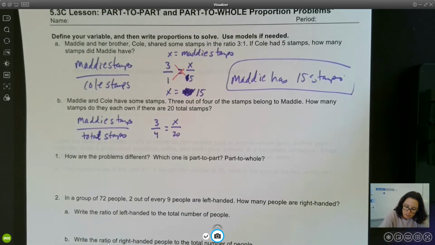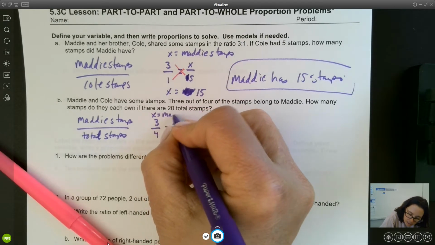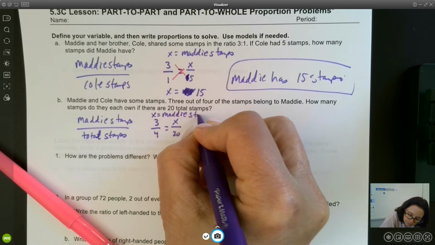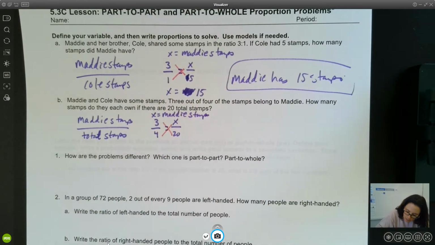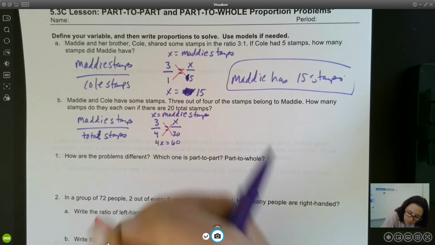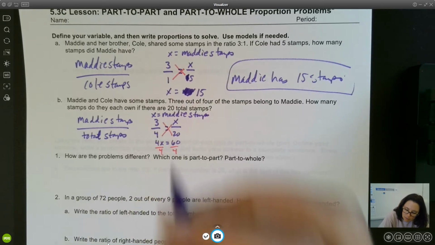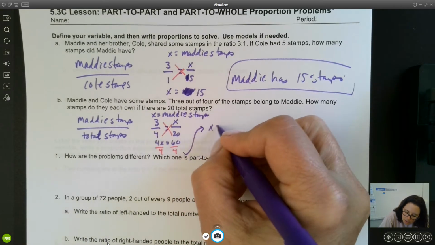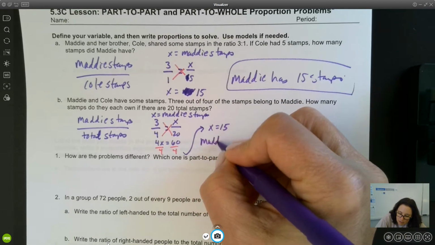Let's look at the solving of this. First of all, I need to do X equals Maddie stamps. So we've got 4X equals 60. Divide by 4, and I do have 15. So Maddie has 15 stamps.